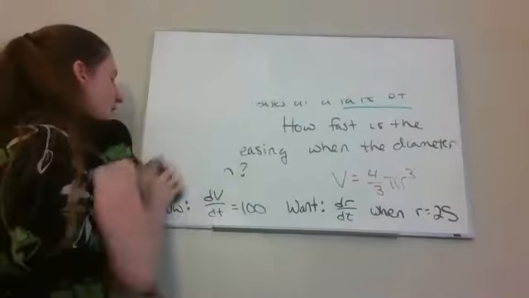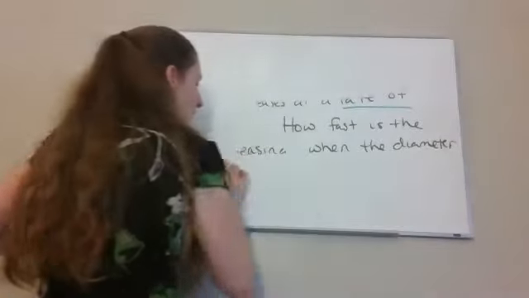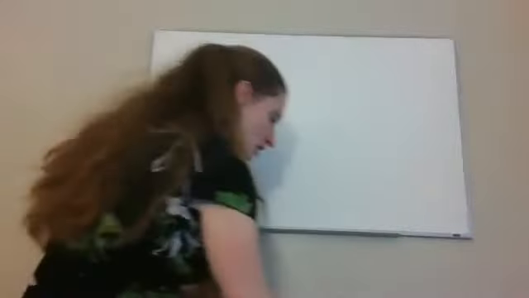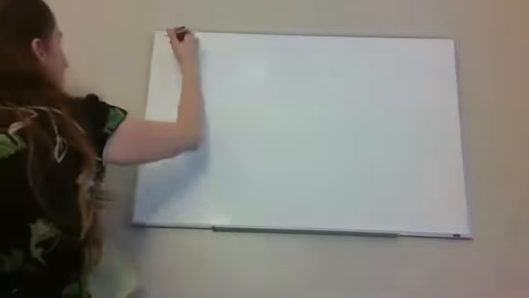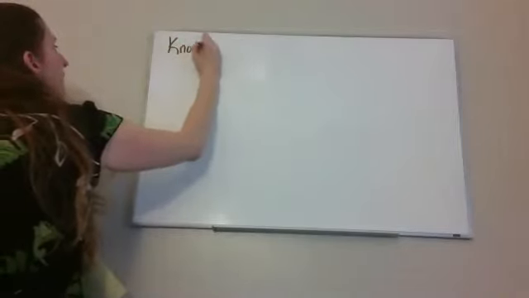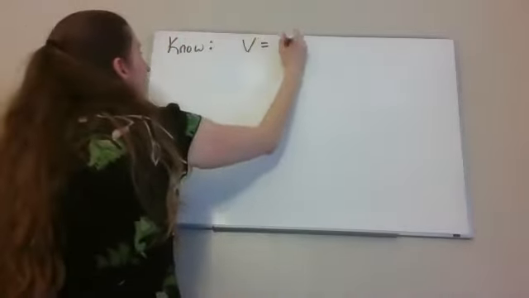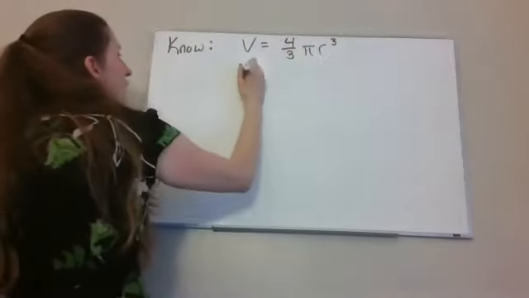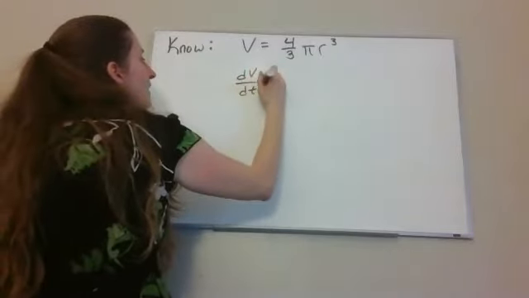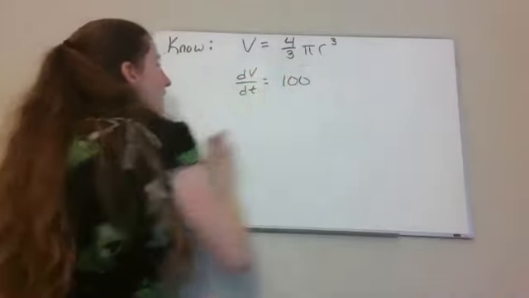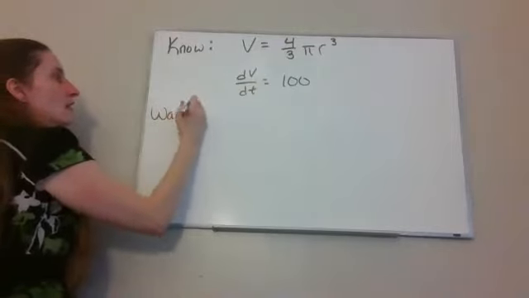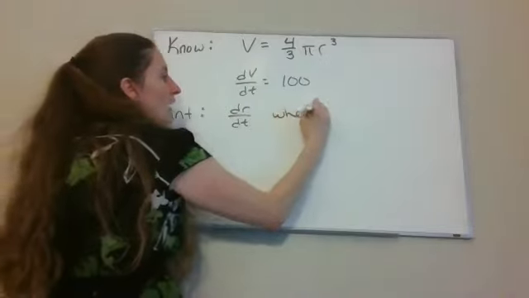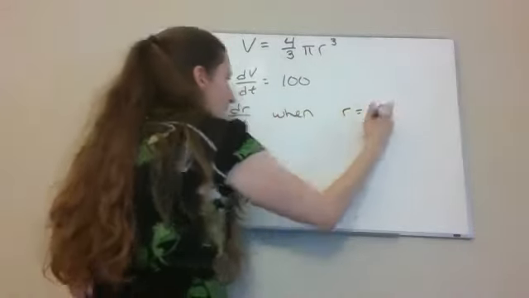I'm going to rewrite the things we know and the things we want, and then we're going to solve this using implicit differentiation. So the things that we know: volume is 4/3 pi r cubed, and we know that dV/dt is 100. What we want is dr/dt when our radius is 25.